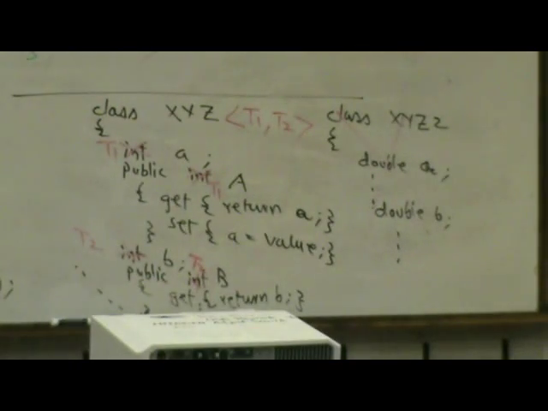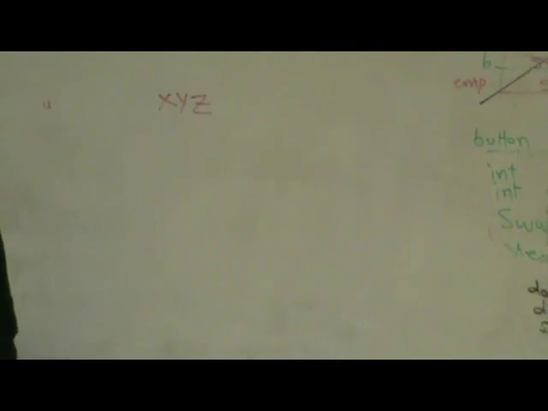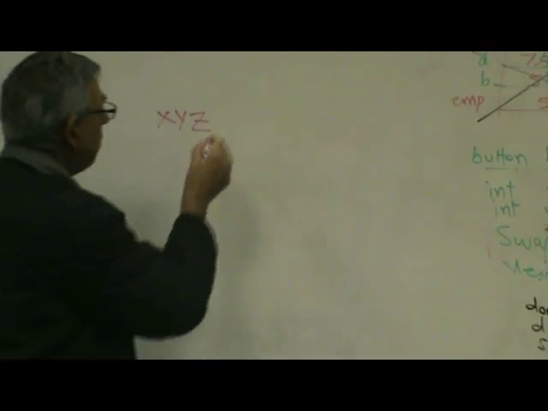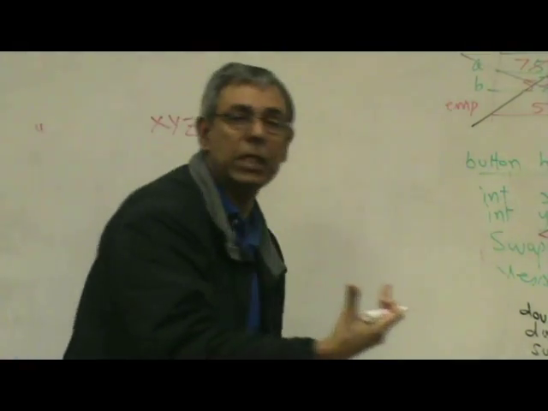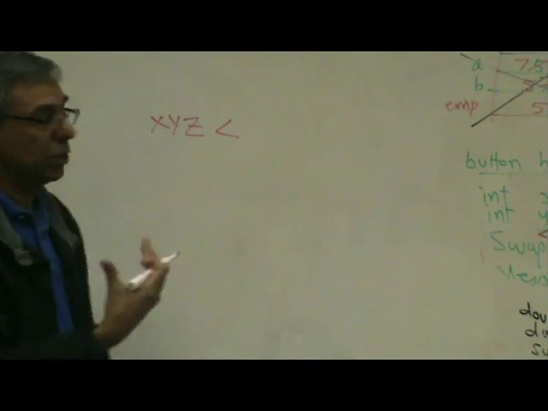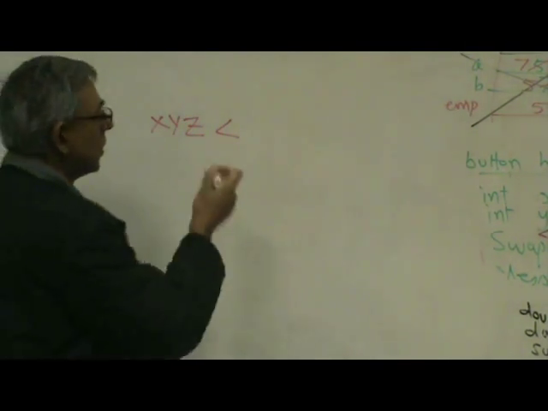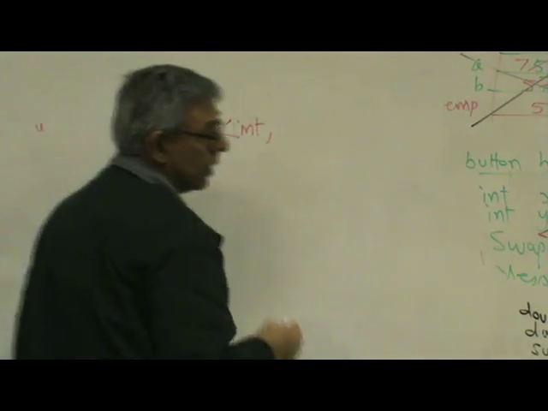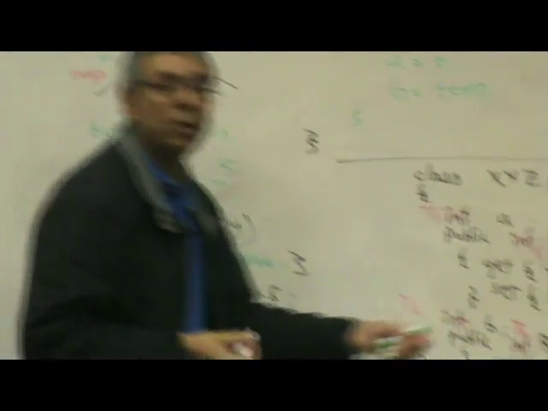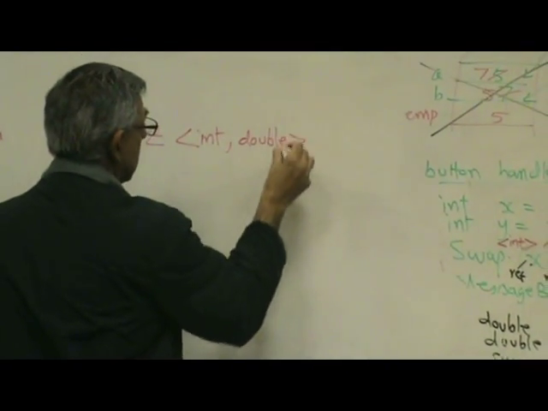Okay, so the calling code will look something like this, XYZ. Okay, now because XYZ is a generic class, right? After the less than sign, the caller has to decide what should be the data type for T1, what should be the data type for T2. So if we wanted A to be int, the caller will say int over here, comma. If the caller wanted B to be double, so the caller will say something like this.